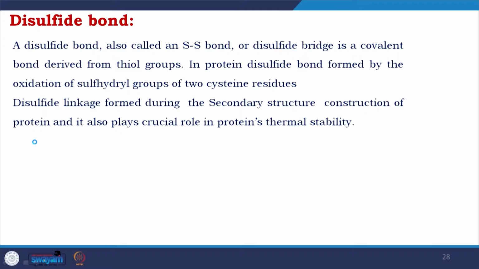So, it could not form disulfide. Cysteine is the only amino acid forming disulfide bond. Disulfide linkage is formed during the secondary structure construction of protein, and it also plays a crucial role in protein's thermal stability. By introduction of one or more disulfide bonds, you could increase considerably the thermal stability of a protein.